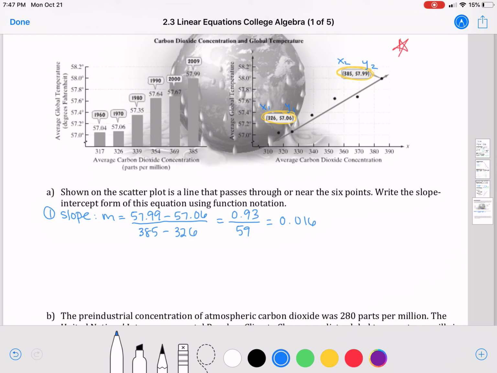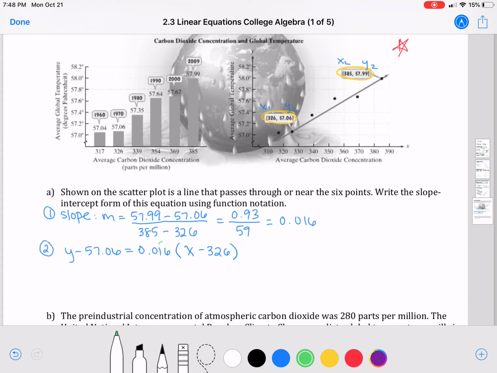So now we want to write this in slope-intercept form, but I'm going to use point-slope form to get there. So we have y minus, and I'm just going to use that first point, 57.06, which equals our slope, 0.016, times the quantity x minus 326. And now we just want to get y by itself.